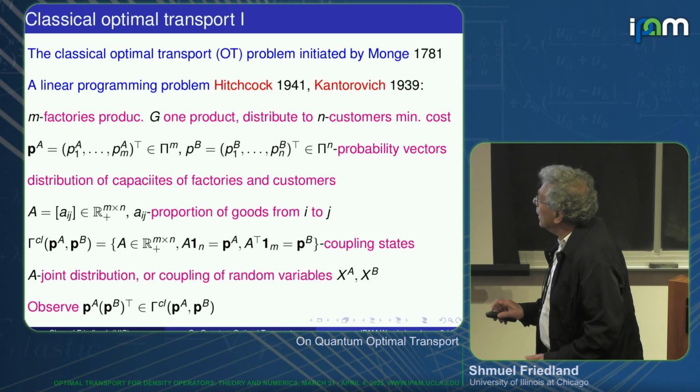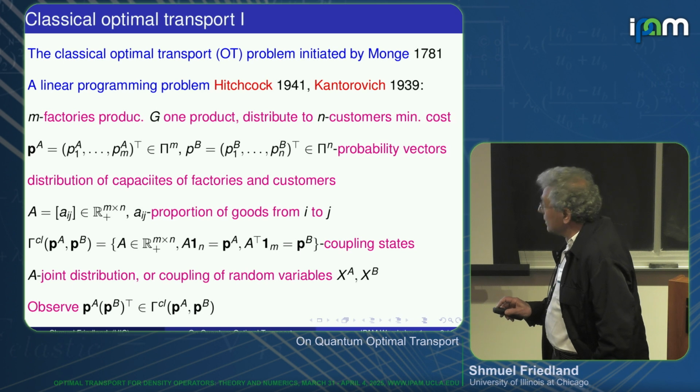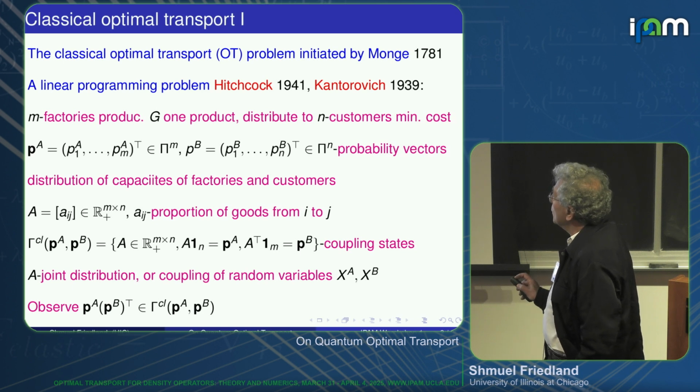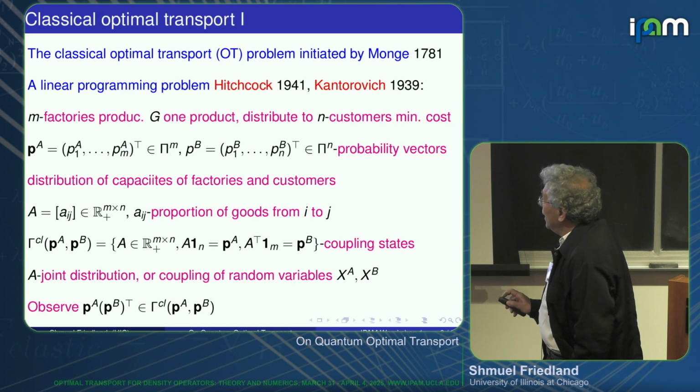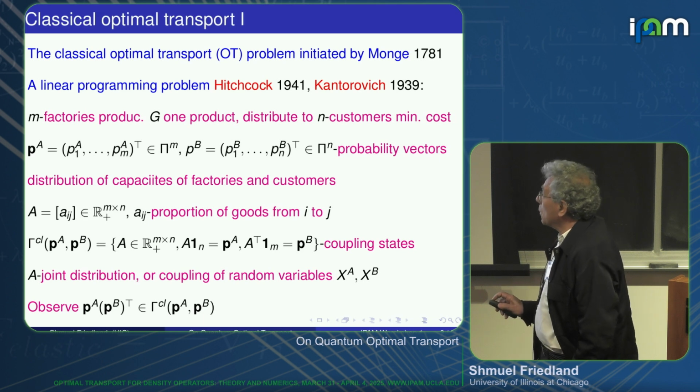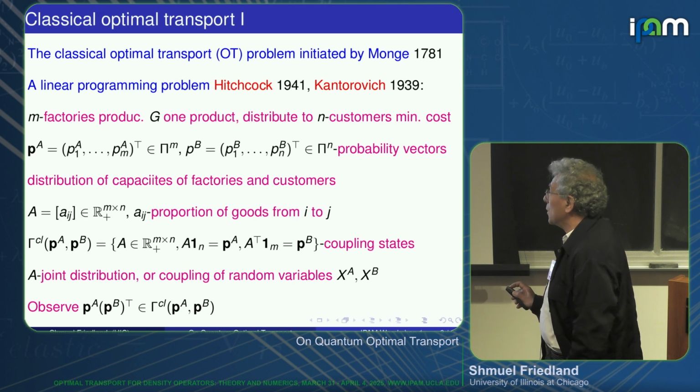Okay, next. So what is the classical optimal transport? This was initiated by, I think it was Monge, but Monge for sure. And so we are going to fast forward to 1941, when actually before that, Kantorovich.